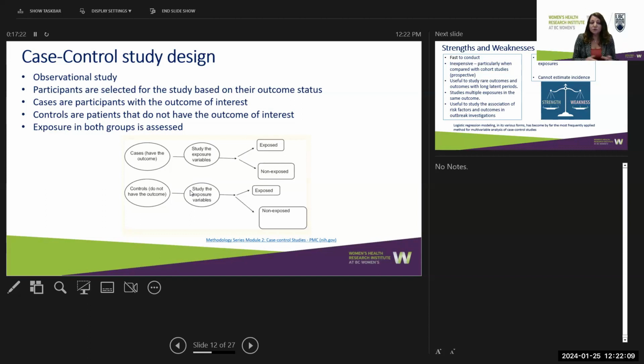Cases are participants with the outcome of interest, and controls are participants without the outcome of interest. We try to assess exposure in both groups. This is the difference between case control and cross-sectional studies, because exposure and outcome are on opposite sides. Here you can see a small diagram showing how the case control study works, and here's the reference from the paper.